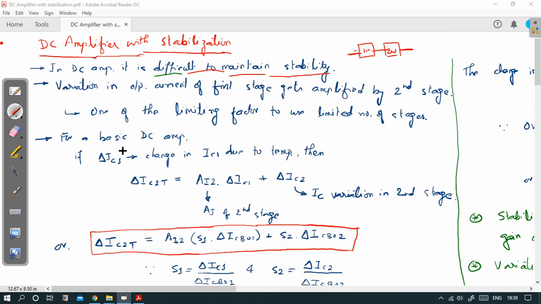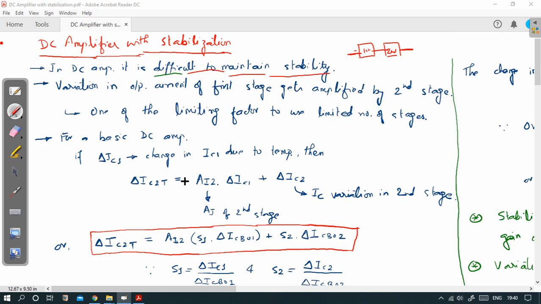And for a basic DC amplifier, if delta IC1 is the change in IC1 due to temperature. If you remember the basic DC amplifier, we had two stages. The first stage was a common emitter amplifier, and the second stage was also a common emitter amplifier.